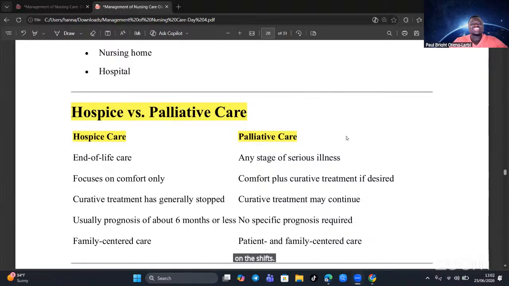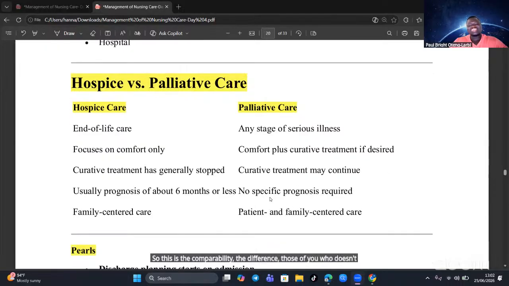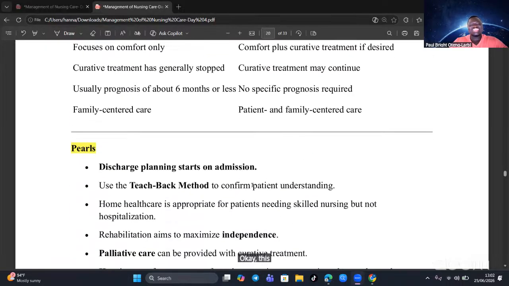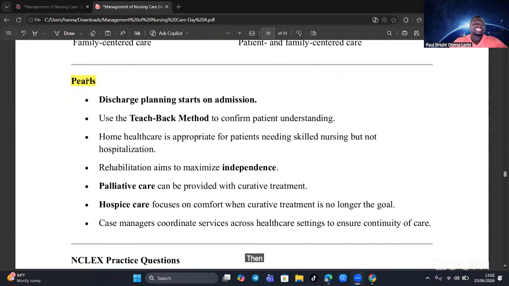Yeah, we have funeral directors. So this is the comparison, the differences. Those of you who don't know, this is it when you get the slide. Then discharge. Discharge planning starts on admission. Always use the teach-back method. Home health is appropriate for patients needing skilled nursing but not hospitalization. Rehabilitation aims to prioritize independence.